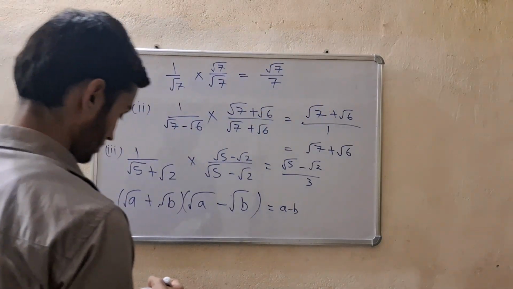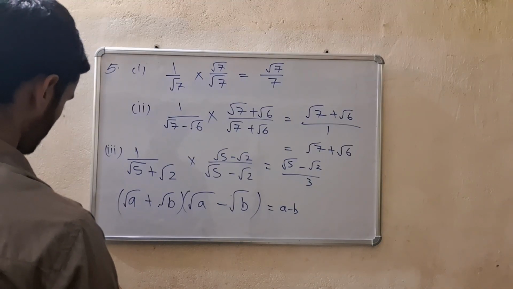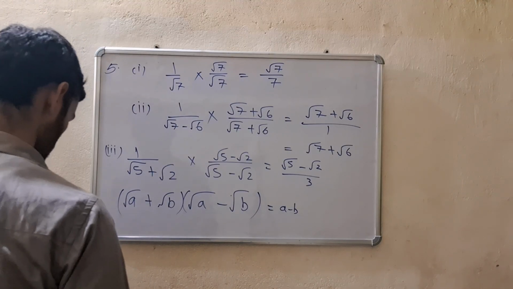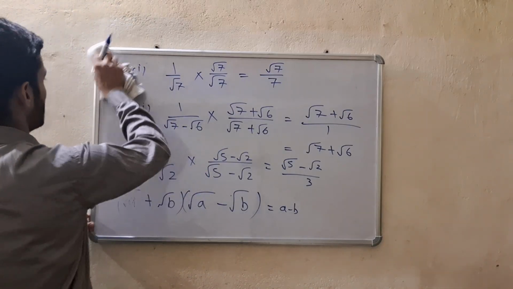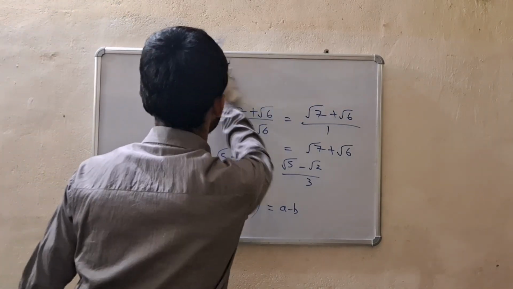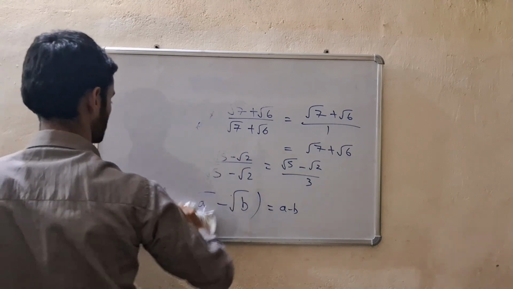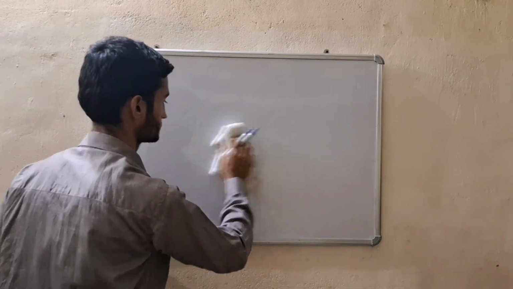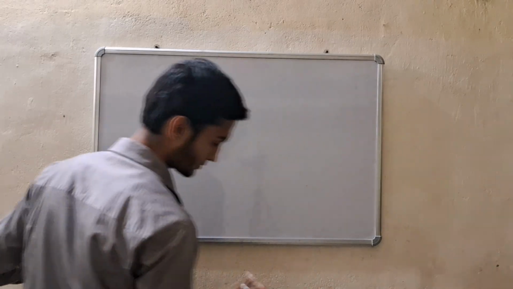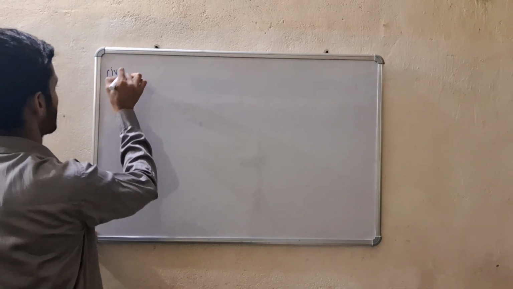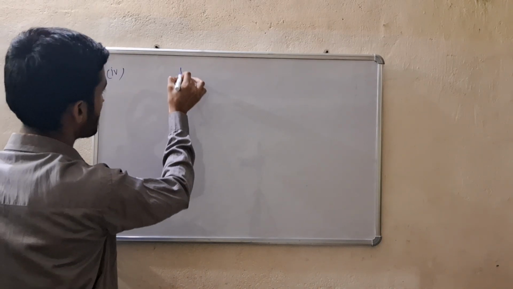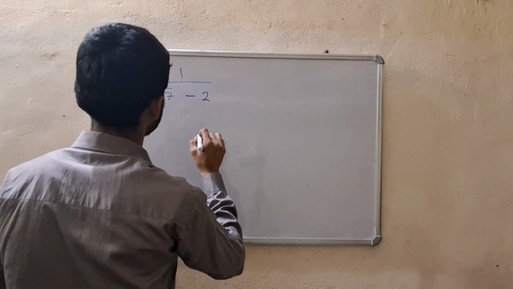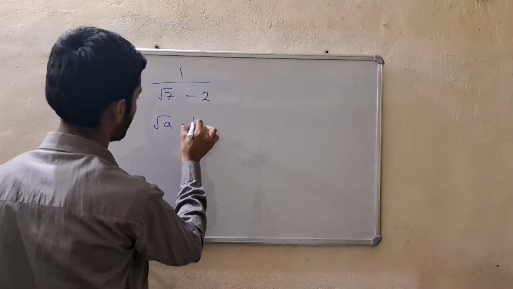And the last one of this part is 1 upon square root of 7 minus 2. So this is square root of a minus b.